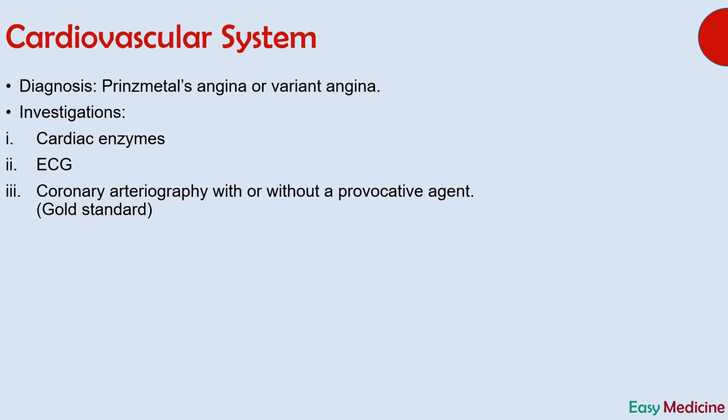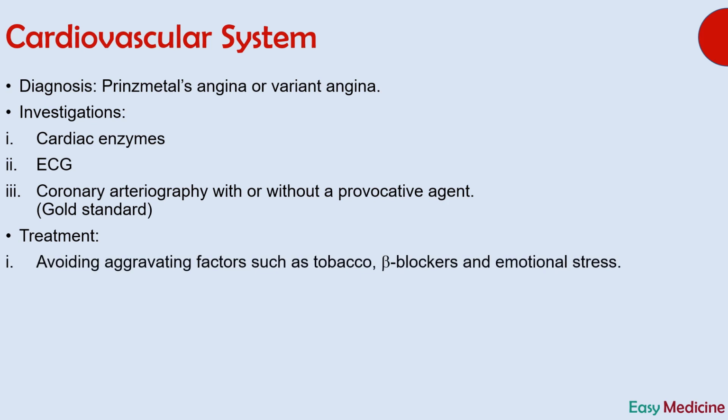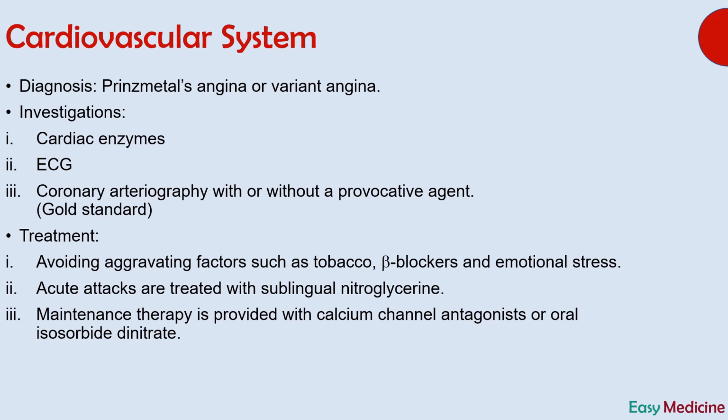The last part of the question asked about treatment of this condition, and it involves avoiding aggravating factors such as tobacco, beta blockers, and emotional stress. Acute attacks are treated with sublingual nitroglycerin, and maintenance therapy is provided with calcium channel antagonists or oral isosorbide dinitrate. And as discussed, here is the blue box with reference page number from the book from where these answers are taken. Let's read the next question.